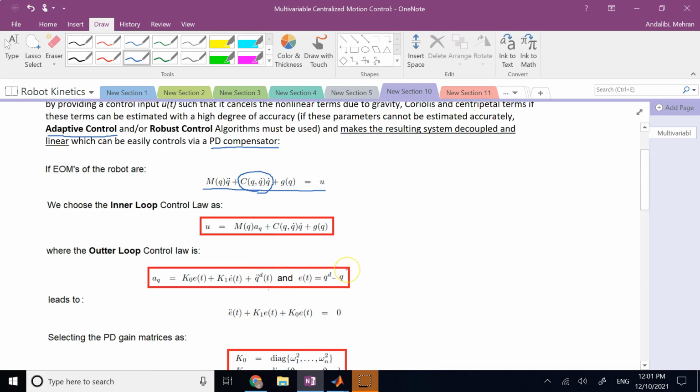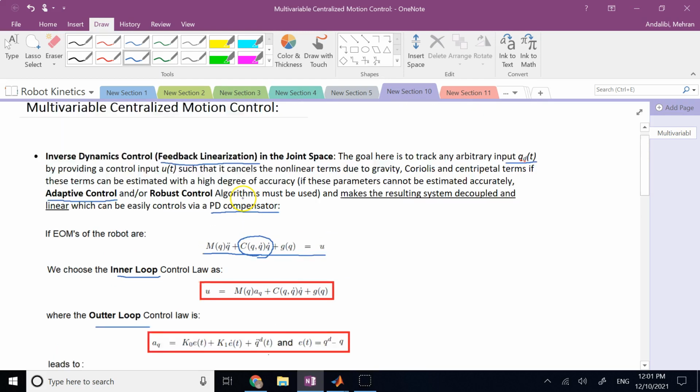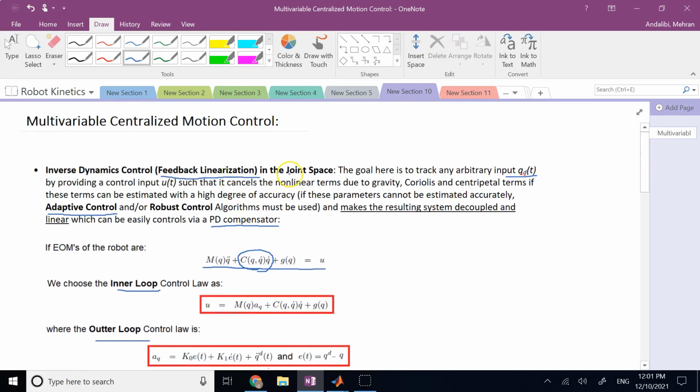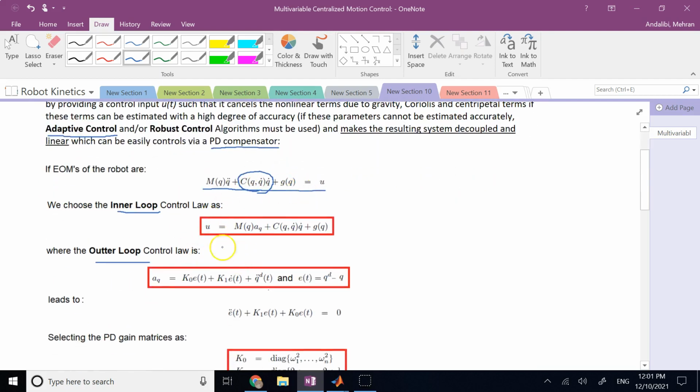Now, what we do in this method is you have two layers of control, an inner loop and an outer loop. The goal of the inner loop is to cancel the nonlinearity of the system using what we call feedback linearization, which I mentioned in my previous video, but I'm going to re-emphasize it. And then the outer layer will be simply a PD controller plus some feed-forward term, right? So it's feed-forward plus PD feedback, plus, as I said, feedback linearization.